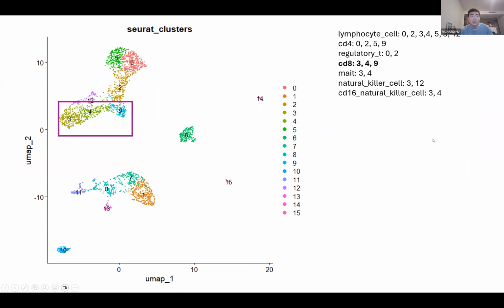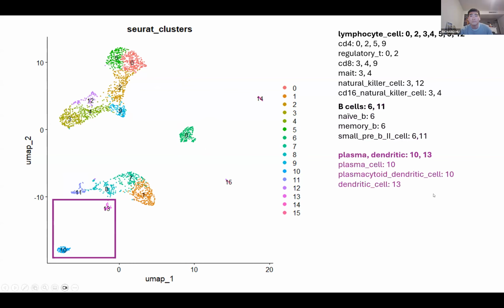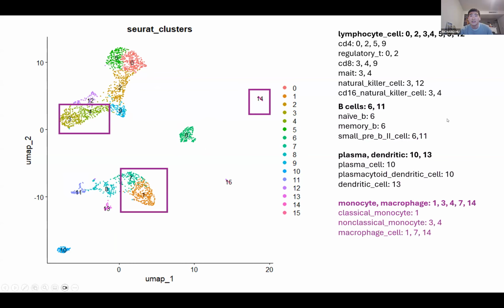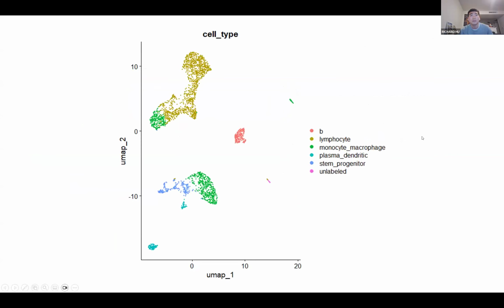B cells are mostly cluster 6, but I still have some problems where this identity, either due to the markers or clustering problems, could be present in 11. The other cell types, plasma dendritic, monocyte macrophage, and these progenitor cells seem to be locally close to each other, or locally continuous.